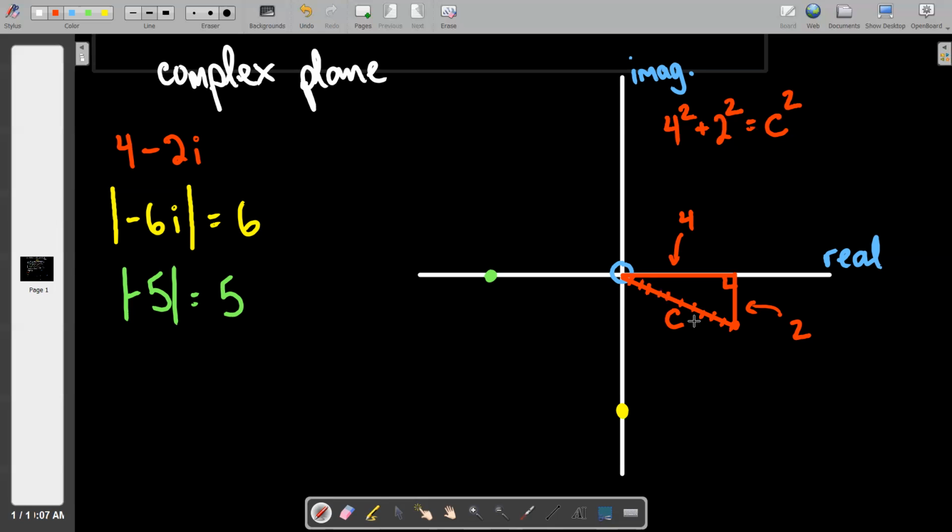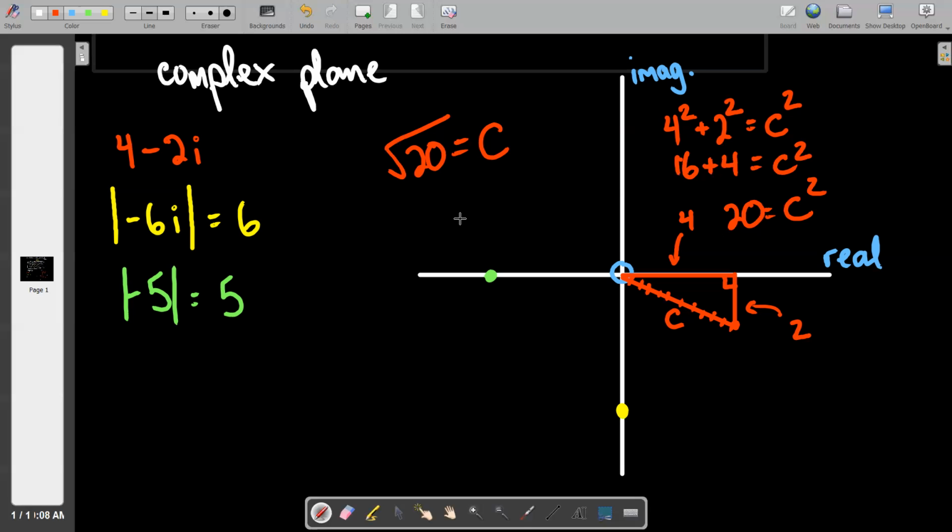So what's 4 squared? And what's 2 squared? And what's 16 plus 4? So if c squared equals 20, c is not 10. c is equivalent to the square root of 20.